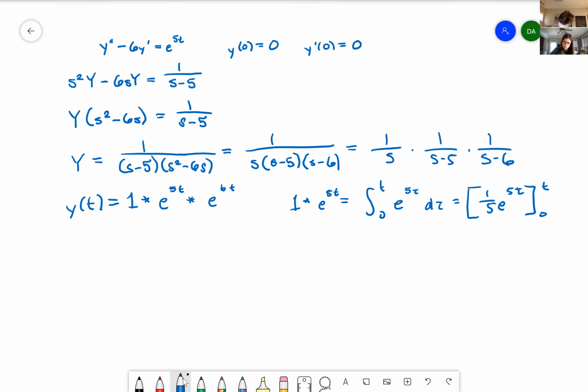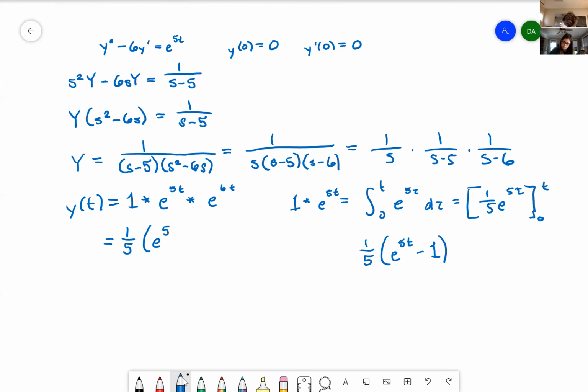So this is 1/5 e to the 5t minus 1. I'll just write it as 1/5 e to the 5t minus 1/5. Right. It's probably better the first way I wrote it.